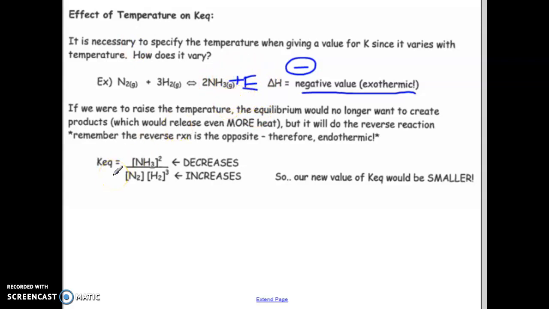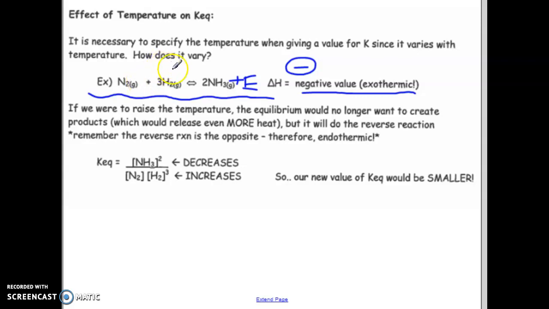If we were to increase the temperature of this reaction, the equilibrium will no longer want to keep producing energy, right? You've increased the temperature. It's not going to want to continue increasing the temperature. So actually what happens is the reverse of whatever change you end up making.